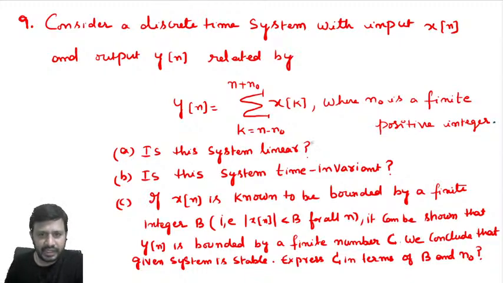Is the system linear? Is the system time invariant? If x of n is known to be bounded by a finite integer b, that is, magnitude of x of n is less than b for all n, it can be shown that y of n is bounded by a finite number c. We can conclude that the given system is stable. Express c in terms of b and n naught.